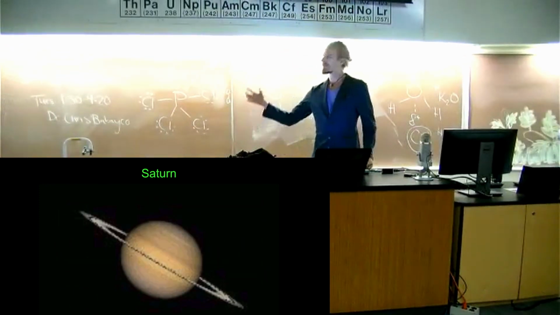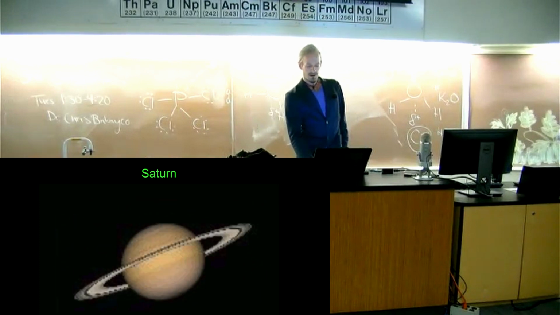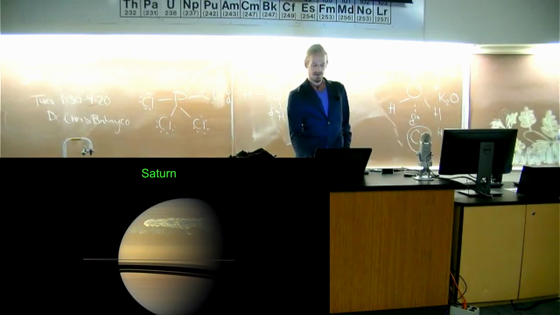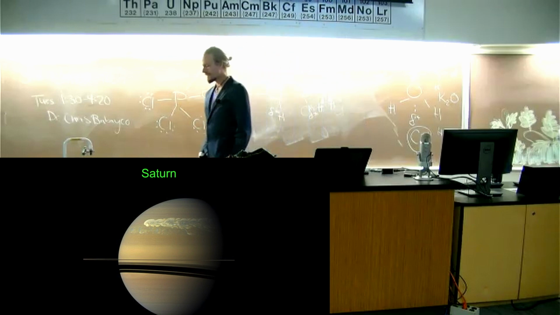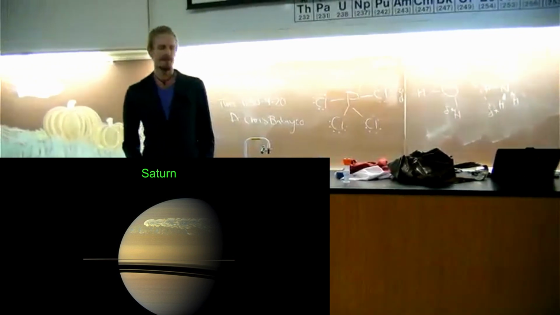This is when it's kind of opposite us, so it's getting the most sunlight, and we can see it the best. Let's see here. Ooh, storms, weather on these planets. Especially Saturn seems to have very transient weather systems, unlike Jupiter.